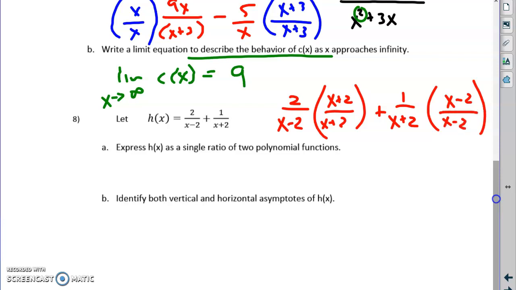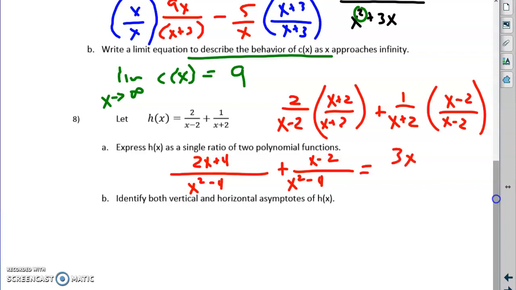Let's do some distributing. 2x plus 4 over x squared minus 4, plus x minus 2 over x squared minus 4. Denominators are same, so we can add numerators. 2x plus x, 3x. 4 minus 2 is plus 2, all over x squared minus 4.